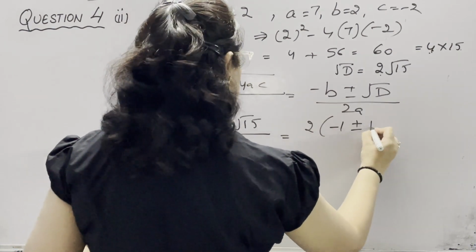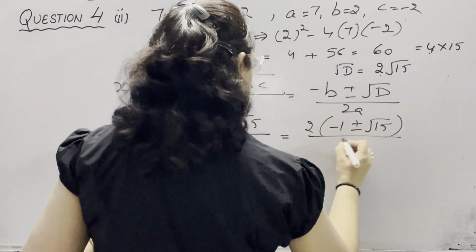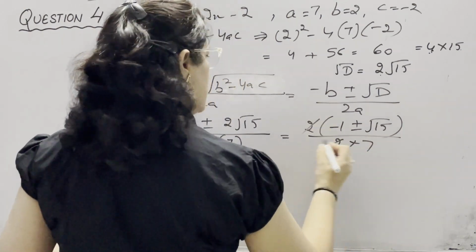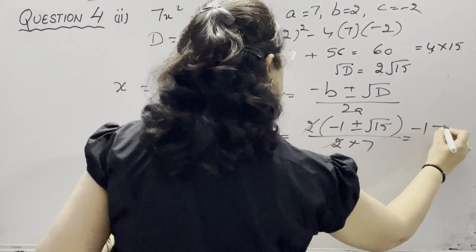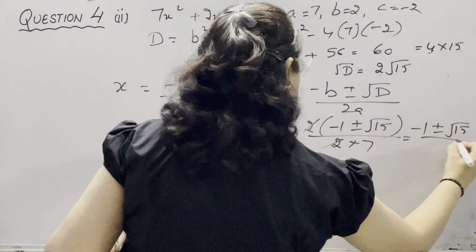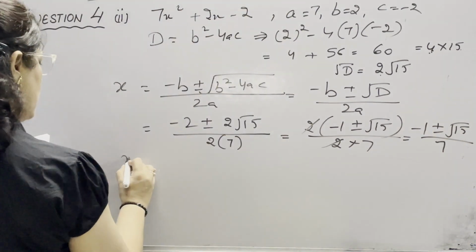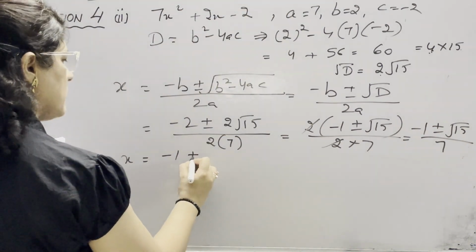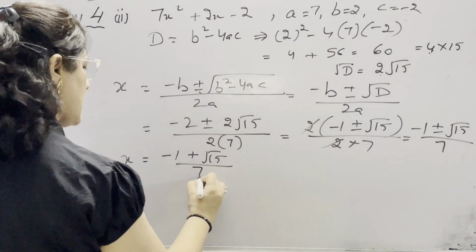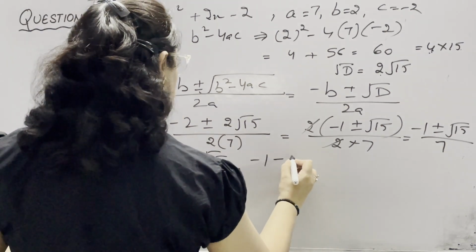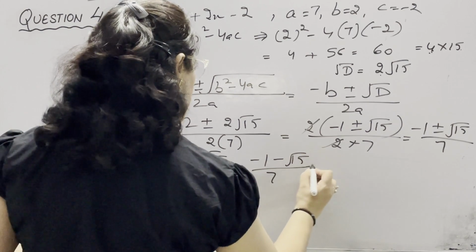So minus 1 plus minus under root 15 divided by 2 into 7. So value comes out to be minus 1 plus minus under root 15 upon 7. Now for 2 roots, one root is minus 1 plus under root 15 upon 7 and another is minus 1 minus under root 15 upon 7.